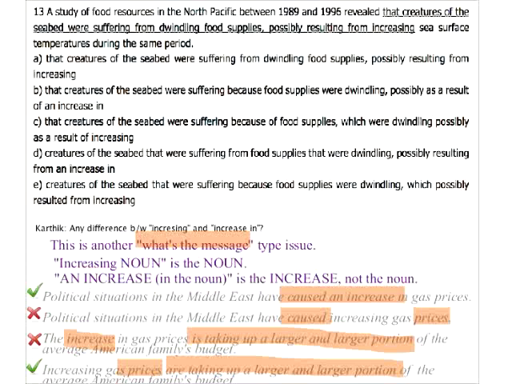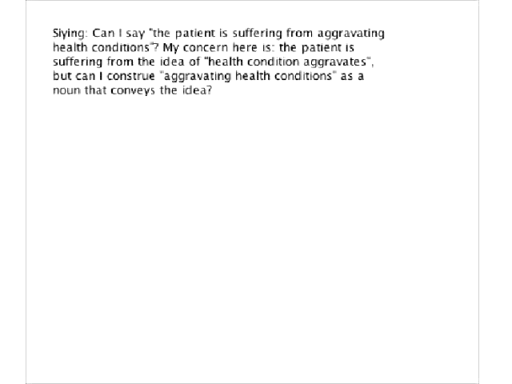Question about aggravating health conditions in the text box. So this is another example of the same sort of thing. Can I say the patient is suffering from aggravating health conditions? I think this is a pretty clear-cut situation.